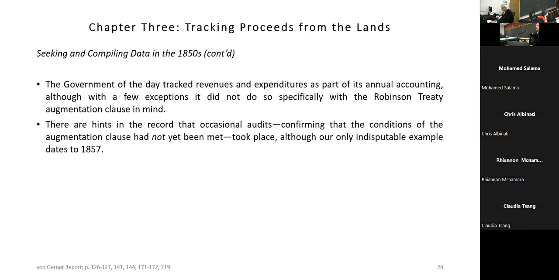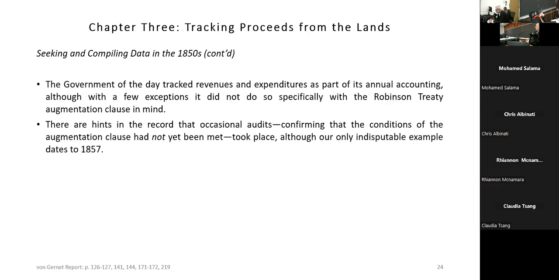When Sprague in 1873 said that, until relatively recent times, we were always led to believe that the proceeds had not arrived at an amount that would allow the government to augment the annuities. Can I just ask you one question?